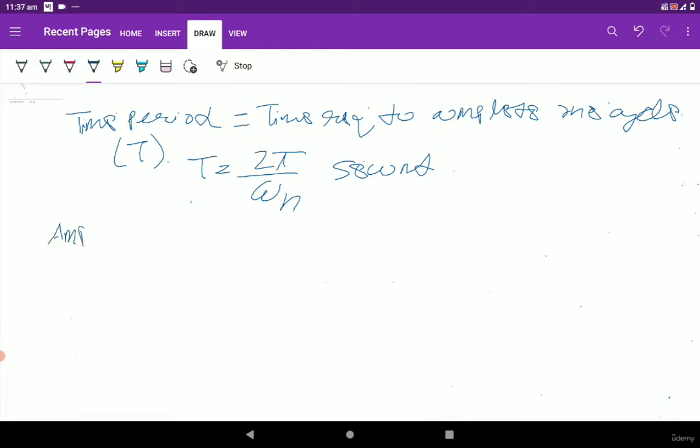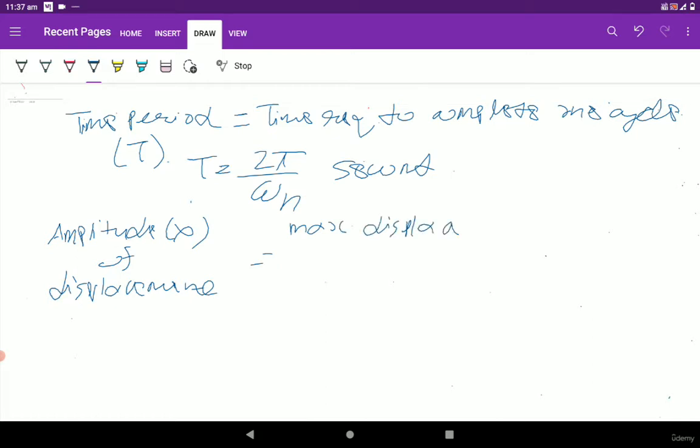The amplitude X of displacement is the maximum displacement of the given system from its mean position.